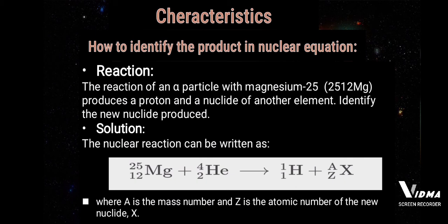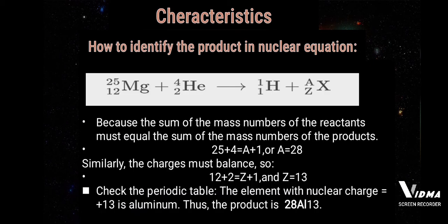The nuclear reaction can be written as follows, where A is the mass number and Z is the atomic number of the new nuclide, which we state as X. If the atomic numbers and mass numbers of all but one of the particles in a nuclear reaction are known, we can identify the product nuclide by balancing the equation.